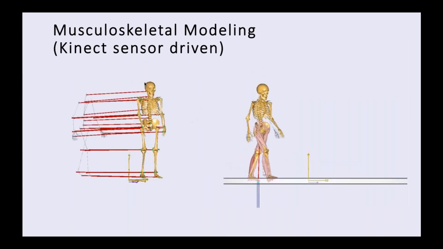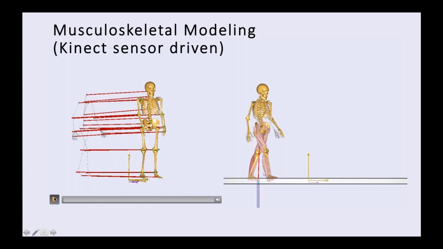As you can see in the video here, to the left-hand side, I'm going to play the video in a second. This gray skeleton you see here is basically the information we get from the Kinect. There are those markers defined in the Kinect, and basically those markers drive a corresponding marker in the AnyBody model, those green markers that you see here. And we basically try to minimize the deviation between the two.